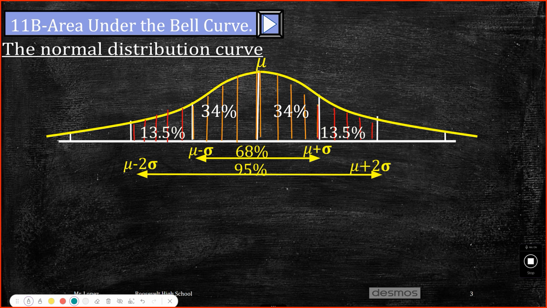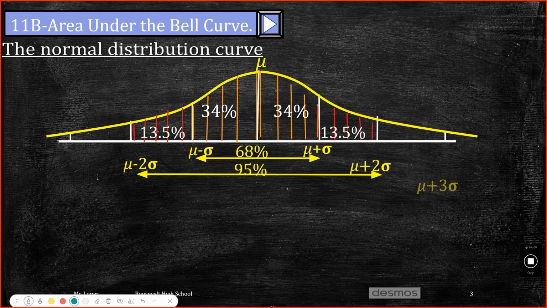Okay, 3 standard deviations from the mean. Either you're getting really, really smart, or you're getting on the other side. 3 standard deviations from the mean: 68, 95, 97.5. So 97.5% of people fall within 3 standard deviations of the mean.